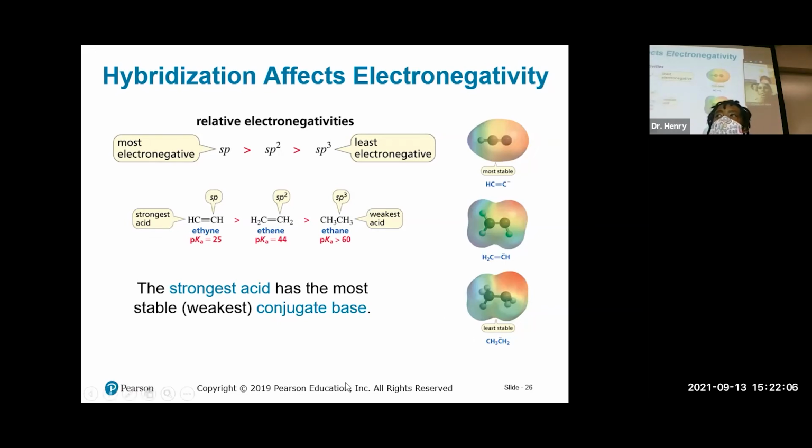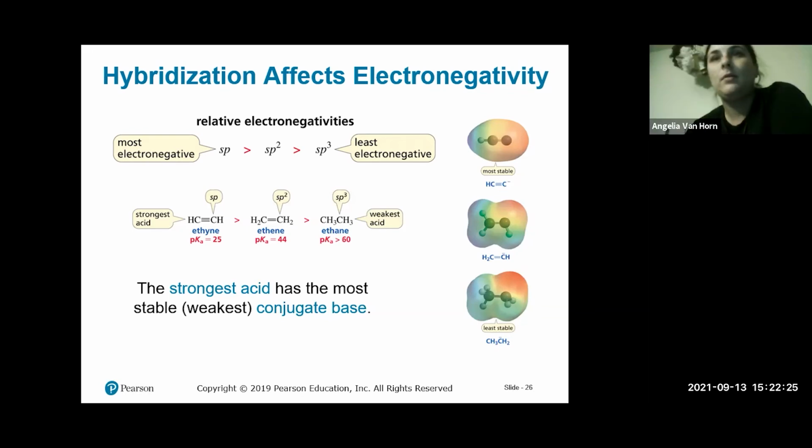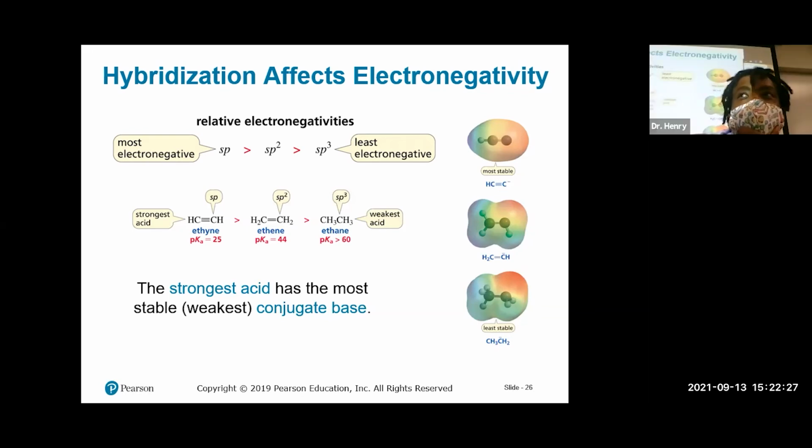Okay, and again, which one is the least stable? Let's say we'll look at it like this. Which one has the shortest bond length? Triple bond, double bond, or single bond? Yeah, which one has the shortest bond length? The triple bond.